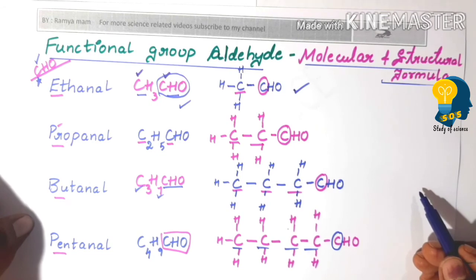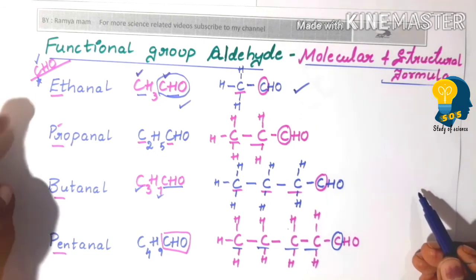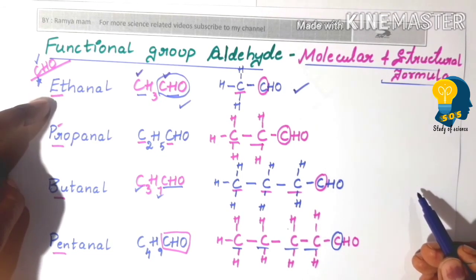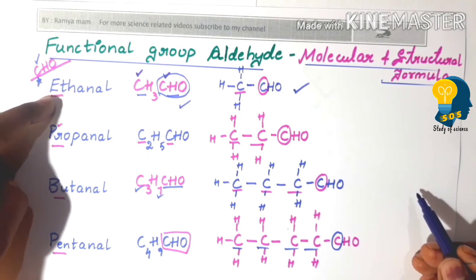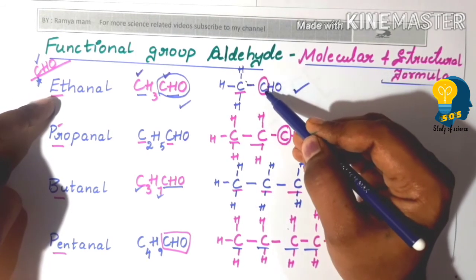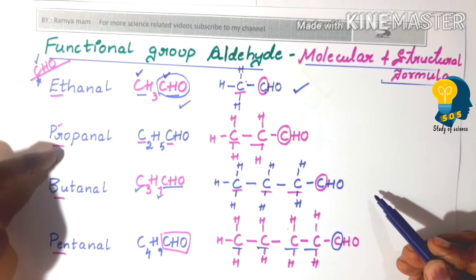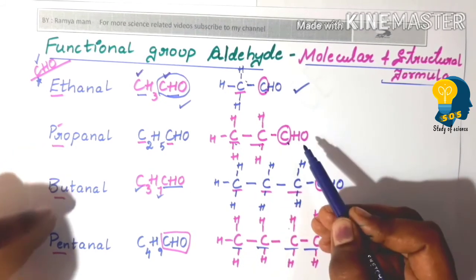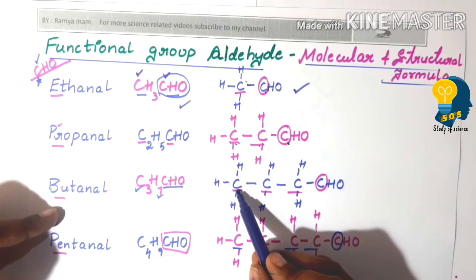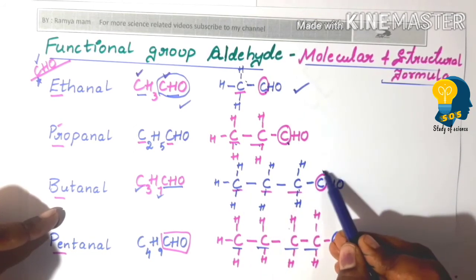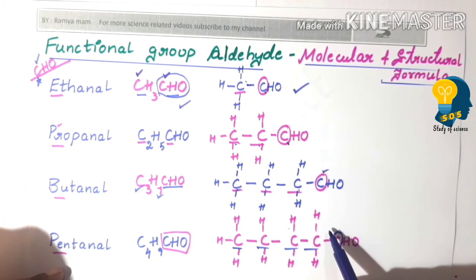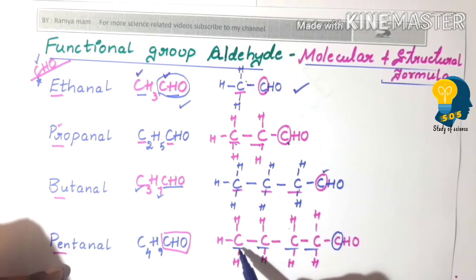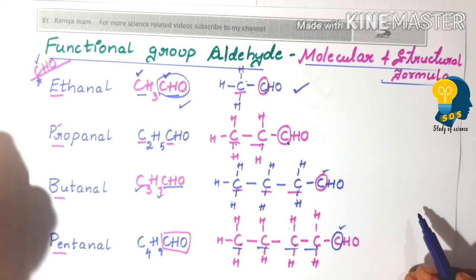So ethanal: eth means 2, out of 2 carbons, 1 is in the chain and 1 in the functional group. Prop means totally 3: 2 are in the chain and 1 is in the functional group. But means totally 4: 3 are in the longest chain and the 4th one is in the functional group. Similarly pent means totally 5: out of 5, 4 are in the longest chain and the 5th one is in the functional group.